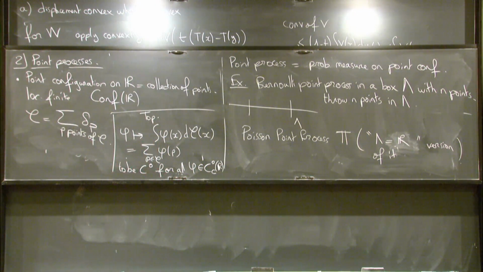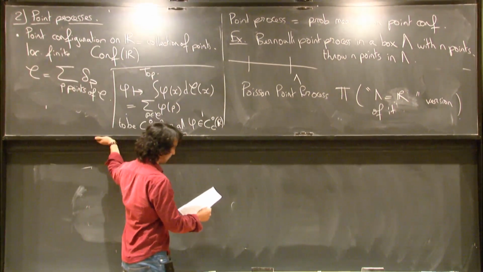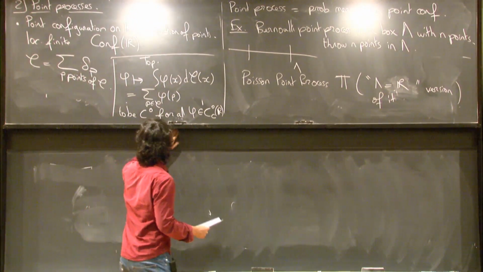Okay. So in particular, that's important: it's a local topology. In this topology, you can tell that two processes are close in a big box, but you cannot distinguish them globally.